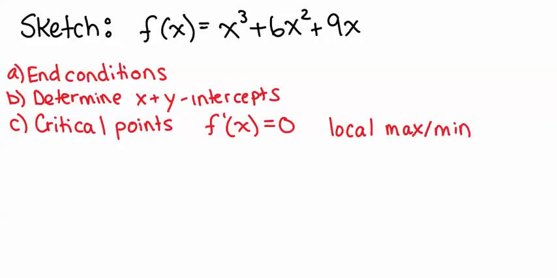And you can check the intervals before and after. Set yourself up so you're like, x is less than whatever, and then x is equal to your critical point, and then x is between this and this. So just try to figure out what's going on either side of your critical points.